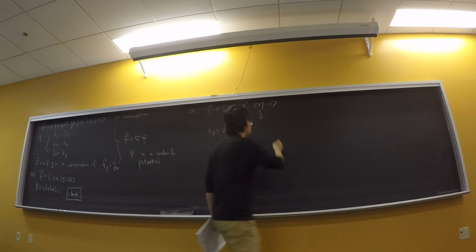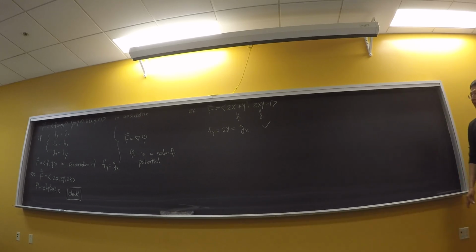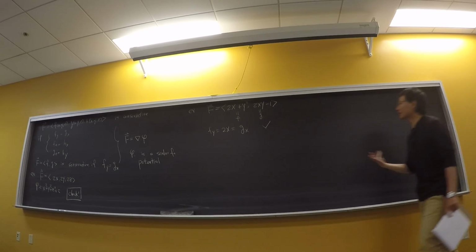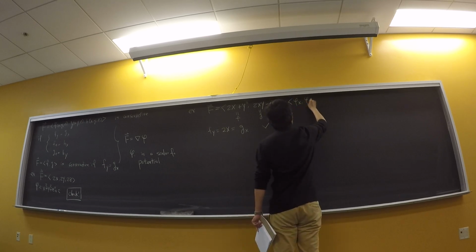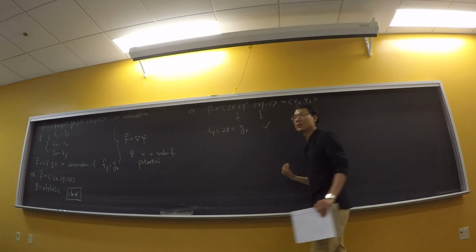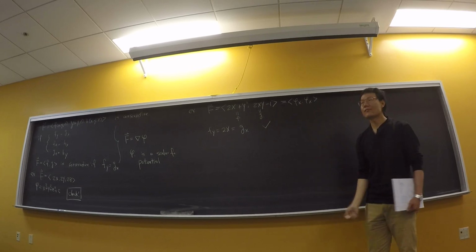Right? So this checks out. So it is a conservative vector field, which means I can rewrite this vector field as phi sub x, phi sub y for its potential function. Right? And I'm looking for this phi function.